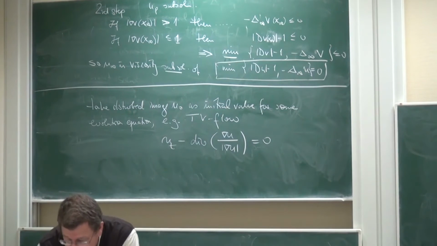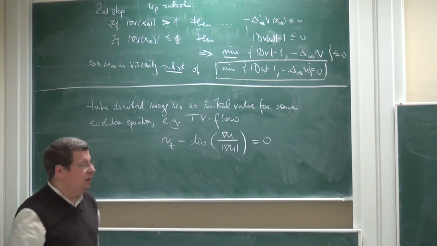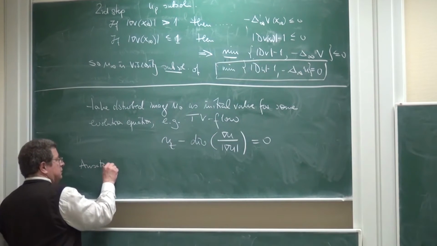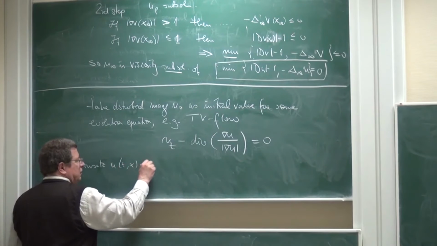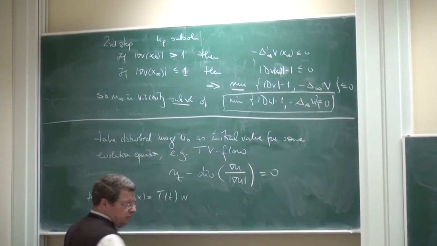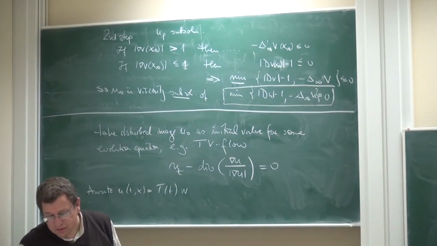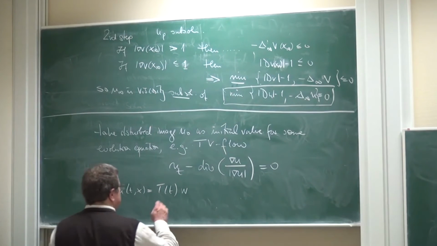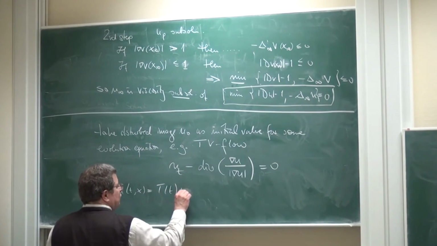And let us see what happens. We make an Ansatz. U of t and x is some function capital T of t times a function W of x.